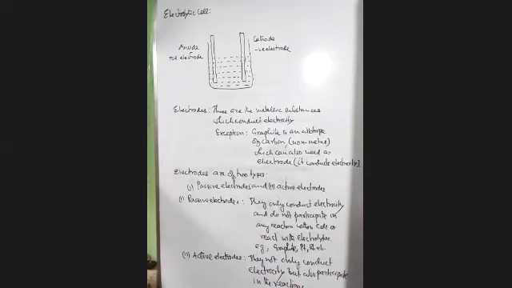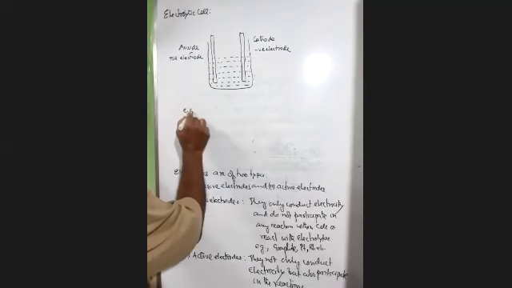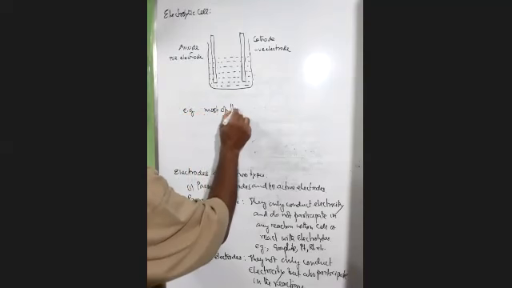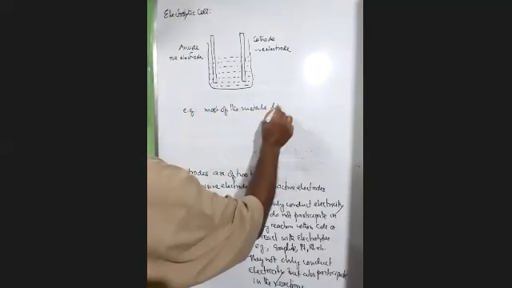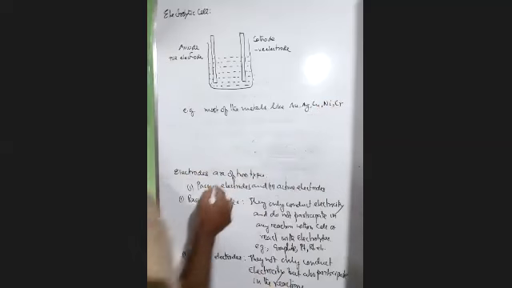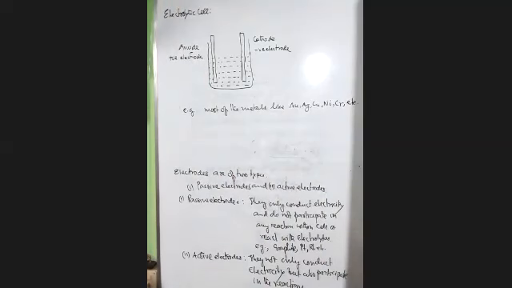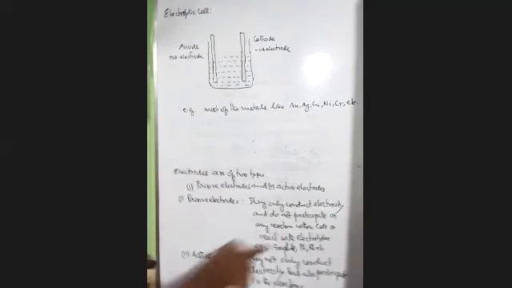Right, I'll give you the example. For example, most of the metals like gold, silver, copper, nickel, chromium, etc. But except platinum and rhodium.